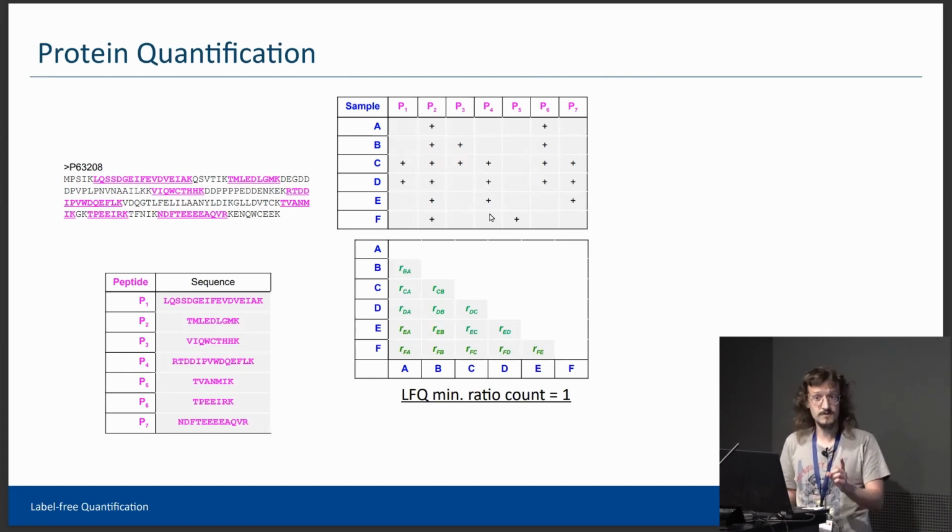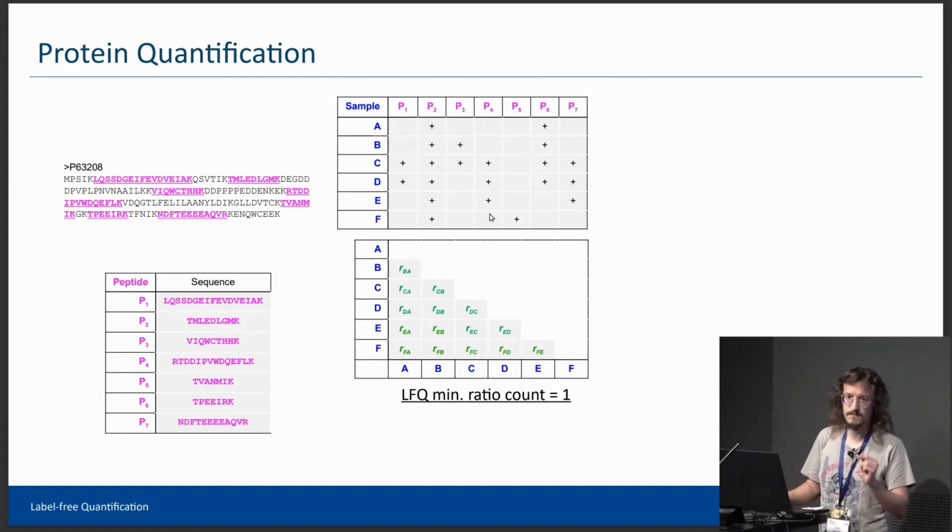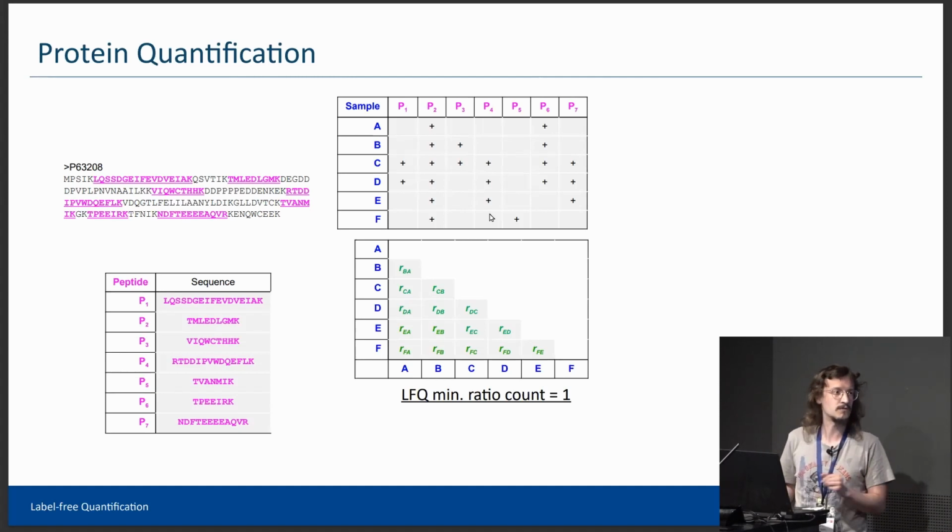So you will get more proteins, but in that case the differences between proteins quantified by only one peptide may be just because of an error, rather than you being really sure that it was because of a biological reason.